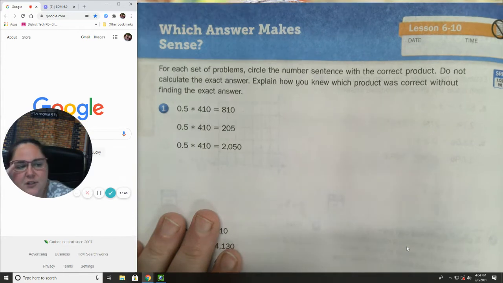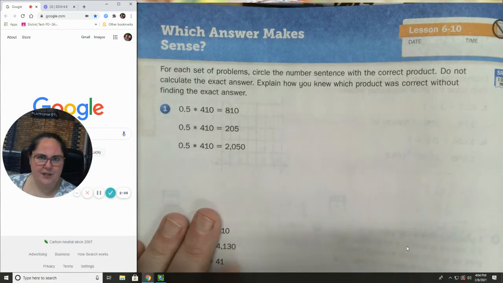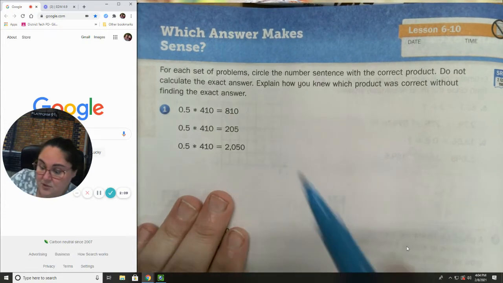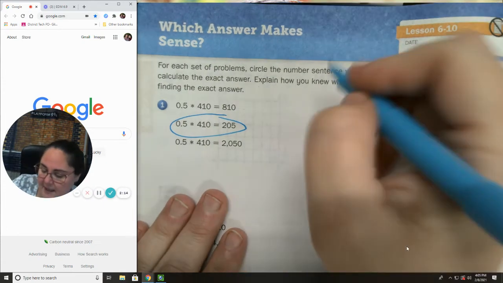Well, 410 times 2 would equal about 800, not 0.05. 410 would have to be multiplied by like 5 times to get 2,000. But I'm multiplying by a number smaller than 1. So just like we did with fractions, if I multiply by a number smaller than 1, my answer is going to get smaller, right? So that's going to be my explanation.